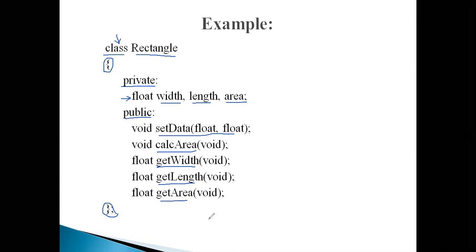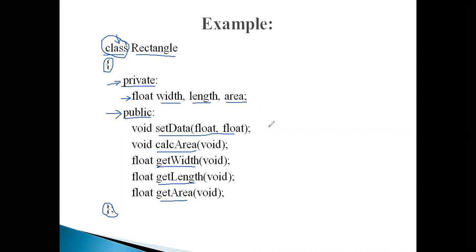This is the way to declare a class in C++. Earlier you defined the structure in C. The same thing happens, but here, instead of struct, we are using a class. And additionally, we have to specify access specifiers, which are private and public. And you already know the variables and all those things.